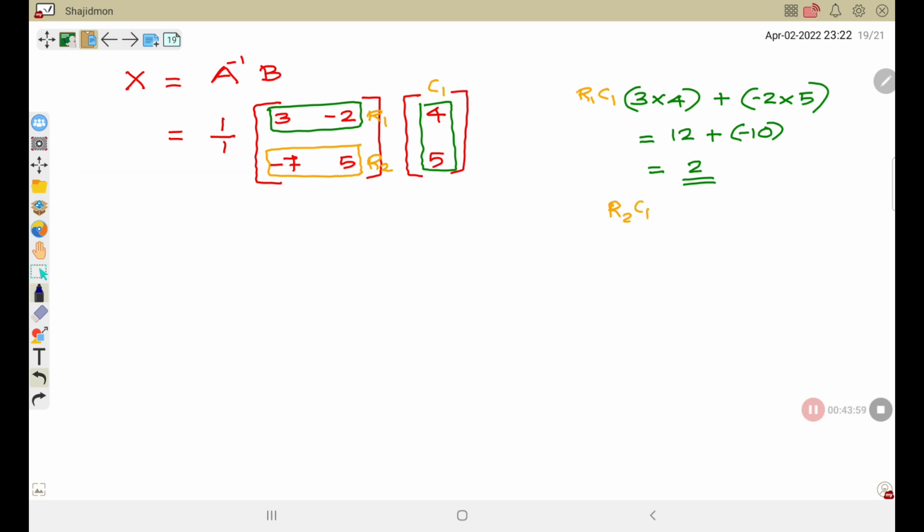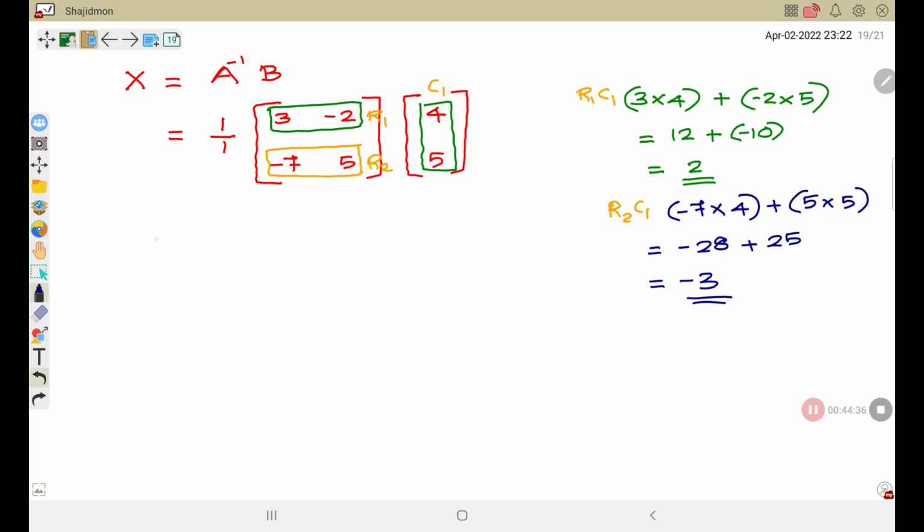The second row, first number is minus 7 multiplied by the first number in the column, 4, plus the second number 5 multiplied by the second number in the column, 5, correct? So we get minus 28, 7 multiplied by 4 is 28, plus 25. So the answer is minus 3.